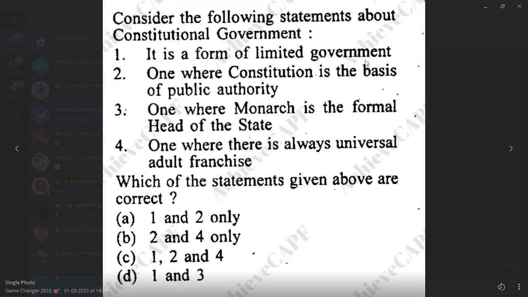Next, consider the following statement about the constitutional government. It is a form of limited government. Okay, sure, 100%. Next, one where constitution is the basis of public authority. Okay. One where monarch, that is wrong. One where there is always universal adult franchise, not necessary.